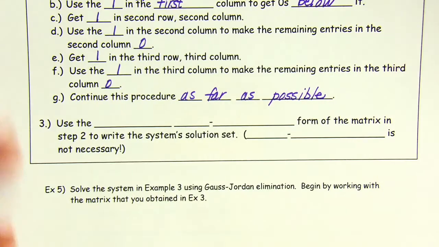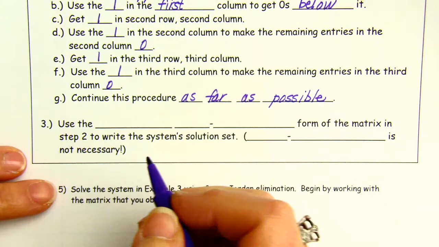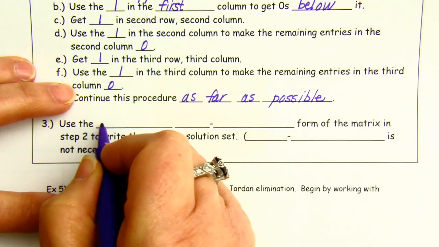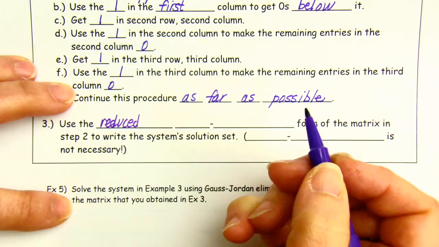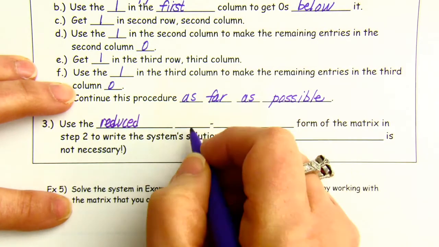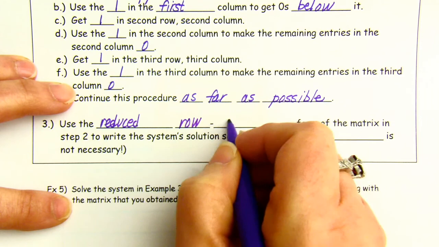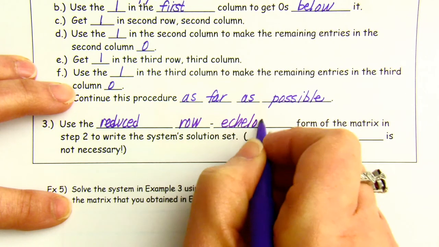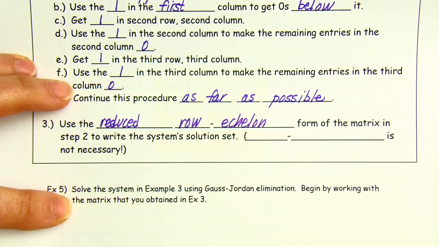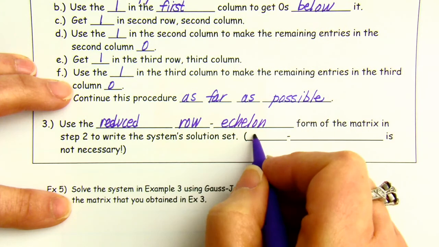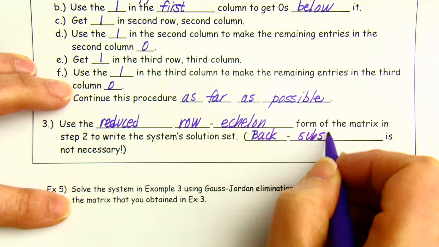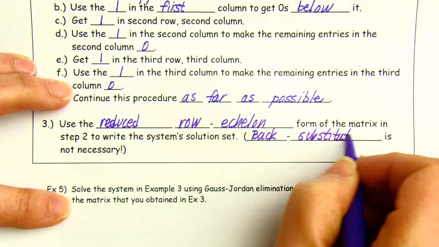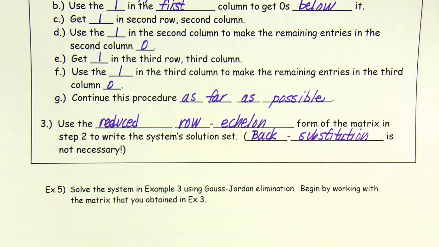Next thing we do is use the reduced row echelon form of the matrix in step 2 to write the system's solution set. Back substitution is not necessary.